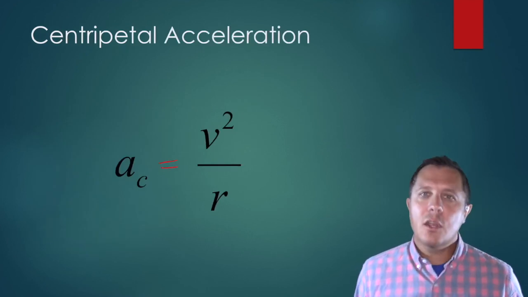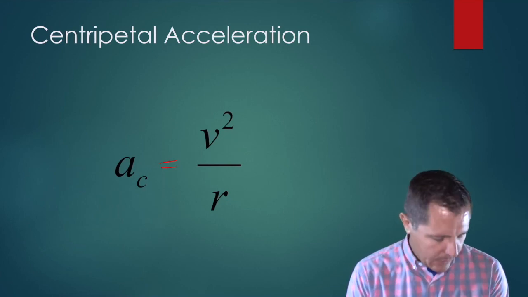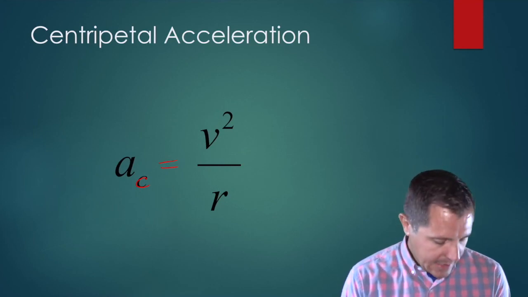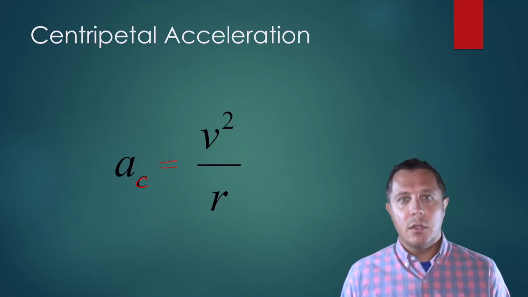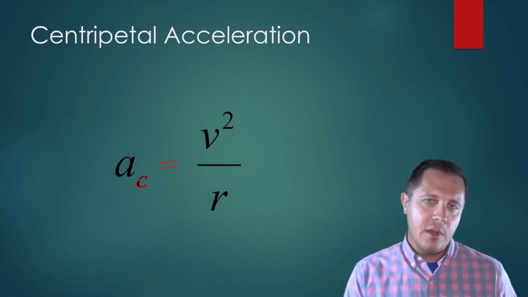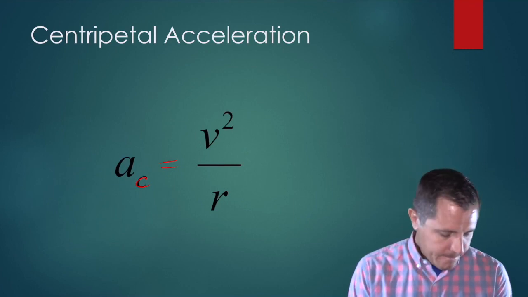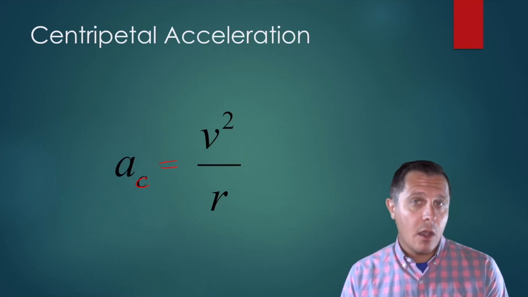And so here's our equation for centripetal acceleration. Centripetal acceleration, I give a little subscript c to point out that it's centripetal, is equal to the velocity squared, which is linear velocity, which we learned before in the previous slides, divided by the radius. Or if we want to take it a step further, we could also think about force.